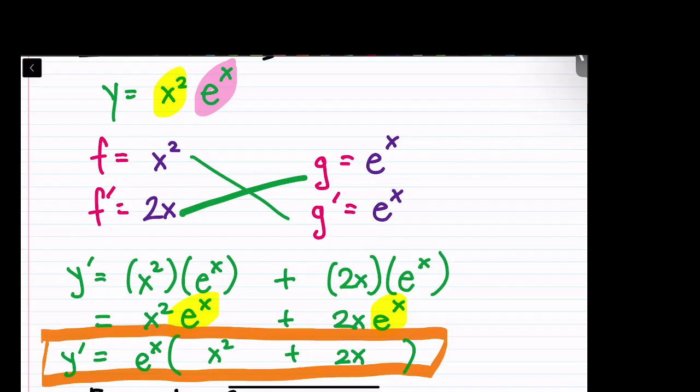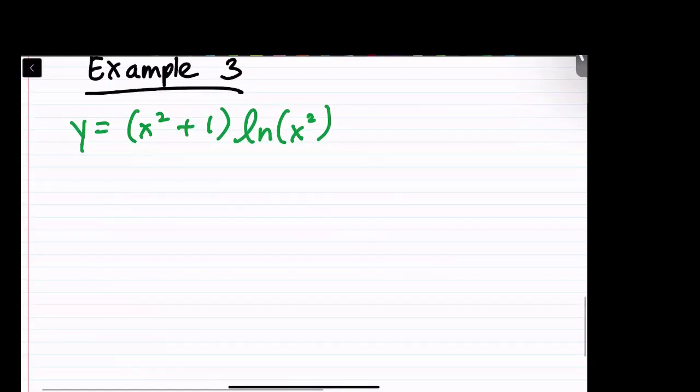Now let's take a look at one more example. This example is a little bit more complex because it's going to involve both the product rule and the chain rule. So again, we can use the product rule here because we have one function multiplied by another function.